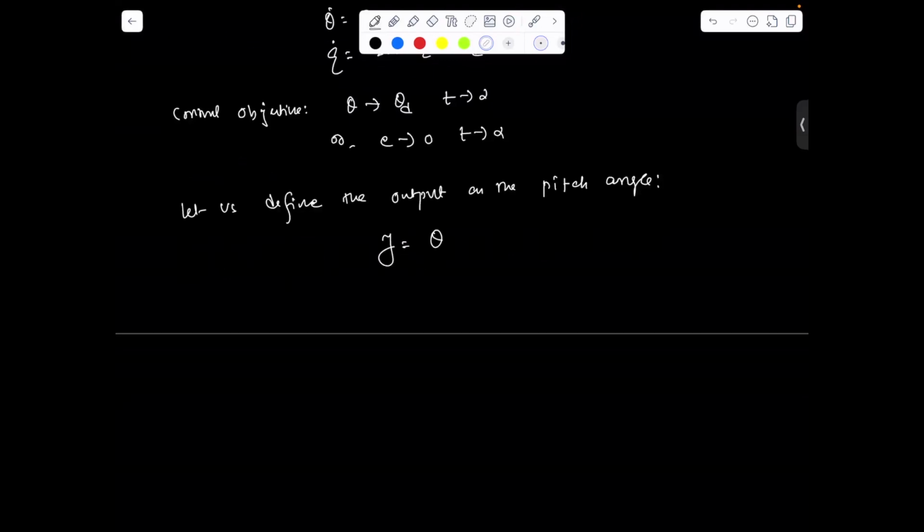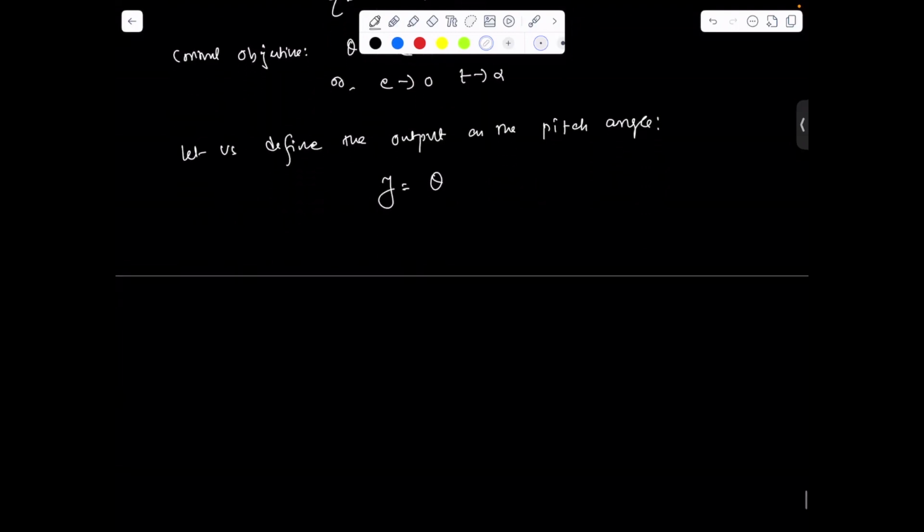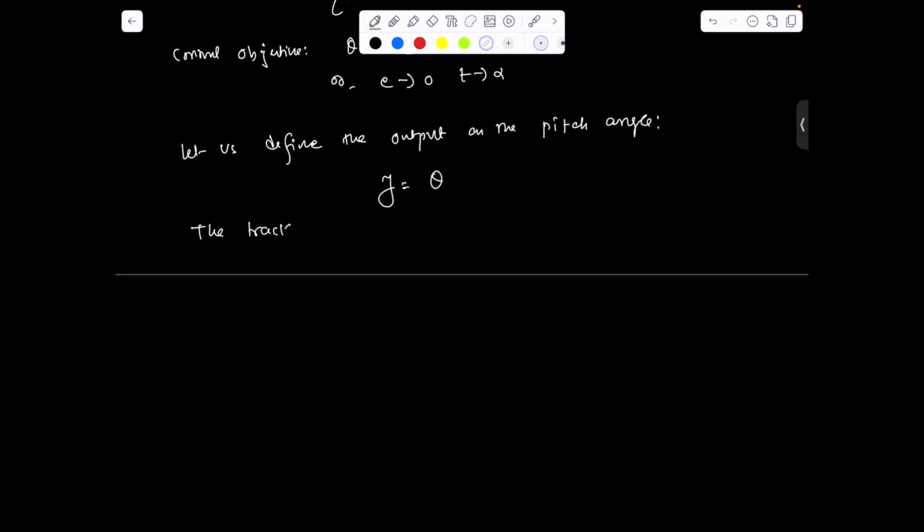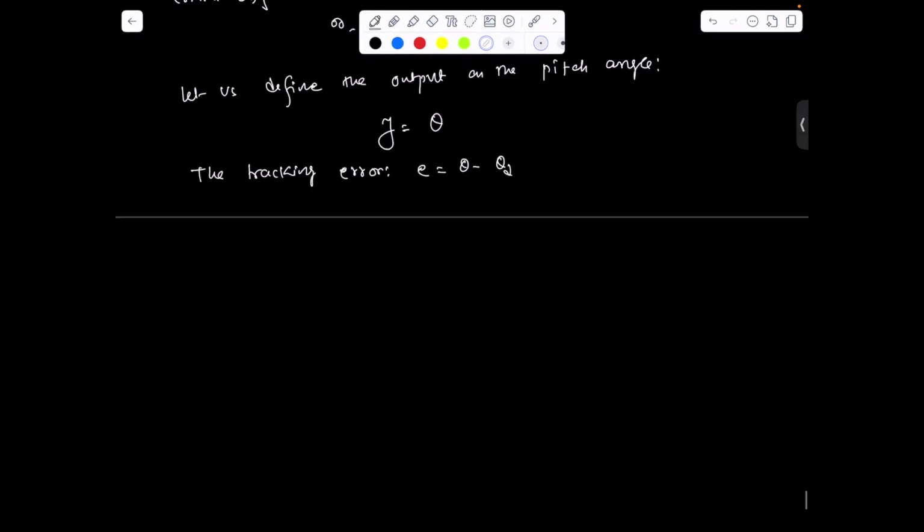Now our primary objective, as you have done in the previous lecture, is to take the time derivative of this equation till the control appears. Before that, we can define the tracking error, e equal to theta minus theta desired.